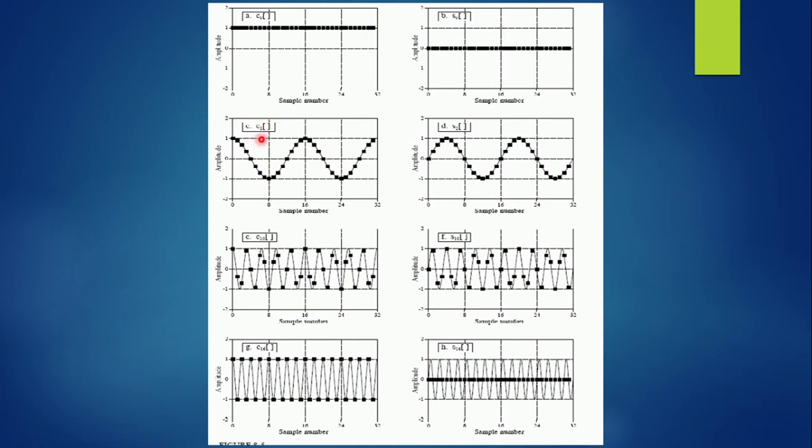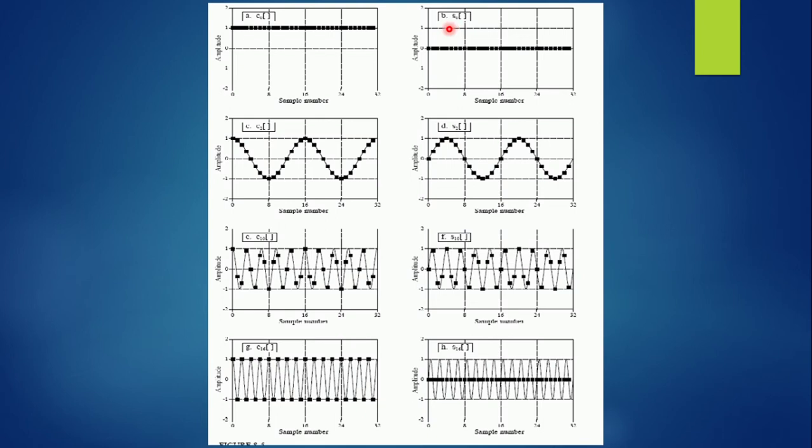Suppose k is equal to 2, then we will have 2 cycles. If k is equal to 10, then it will have 10 cycles. If k is equal to 16, there will be 16 cycles.